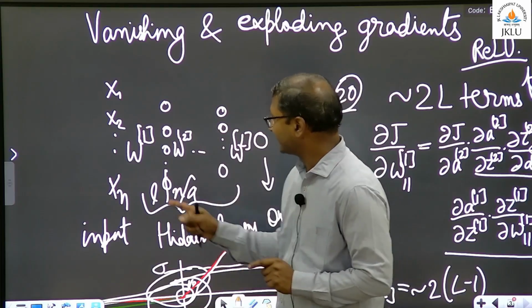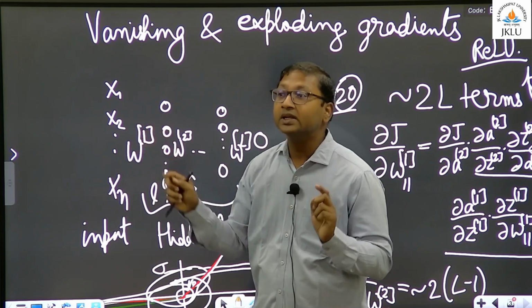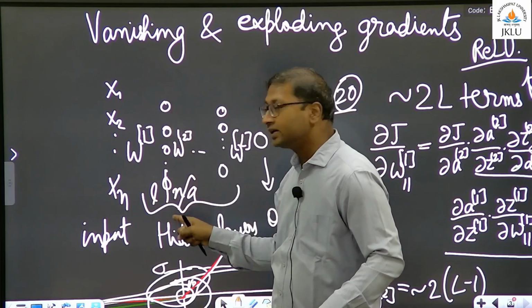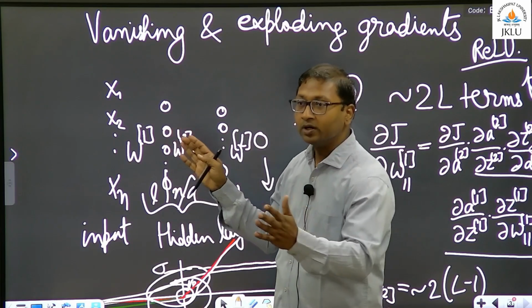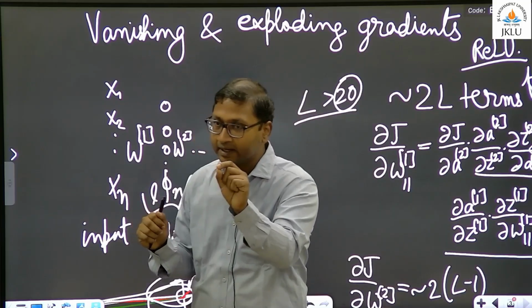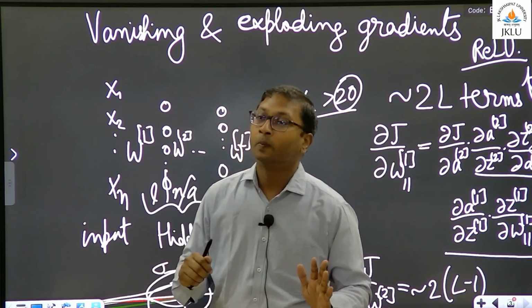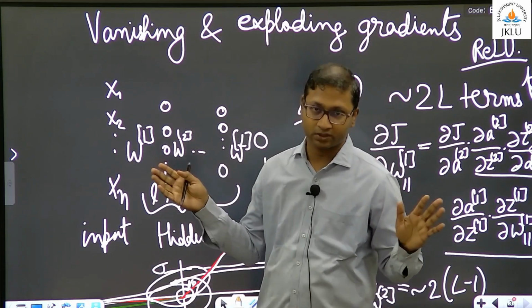Right. So you have n inputs. There is nothing in the literature that says you can't have more than n neurons in the first hidden layer, or that the number of neurons in the lth layer has to be lesser than in the (L minus 1)th layer, but you still follow it for almost all the models.